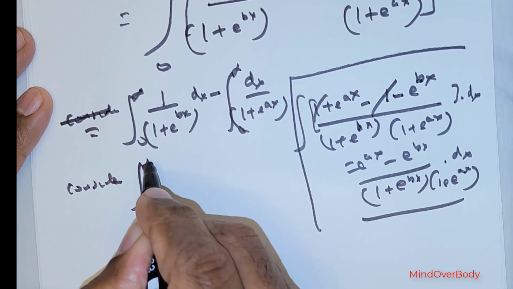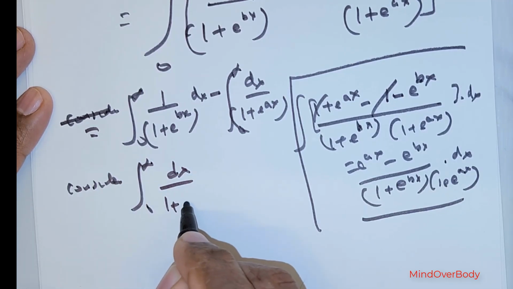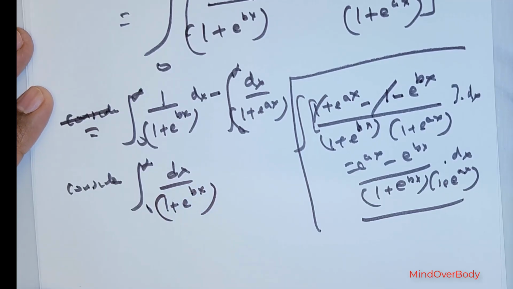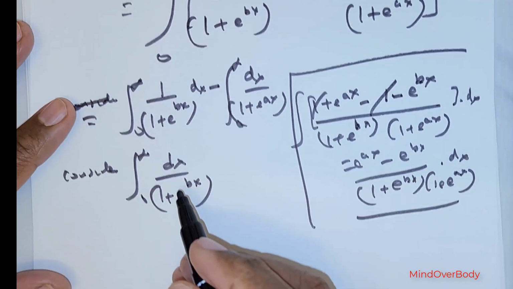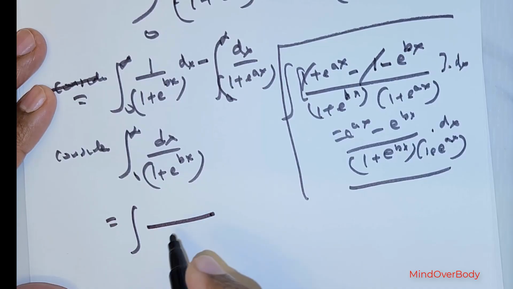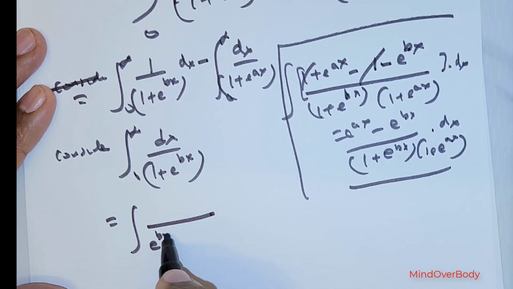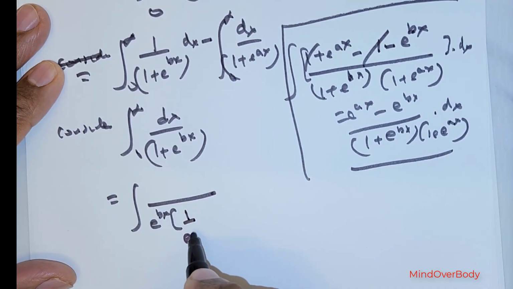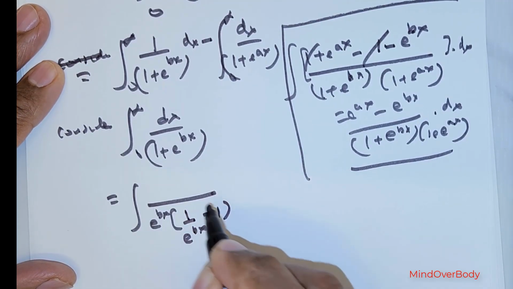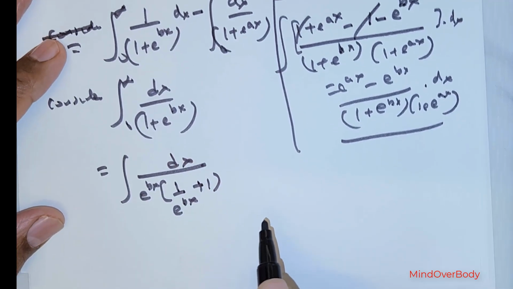Consider the first term, the integral from 0 to infinity of dx over (1 + e^(bx)). Now what I wish to do is take e^(bx) out. If I take e^(bx) out, this is going to be 1 over e^(bx) times (1 + ...), of course there is a dx there.